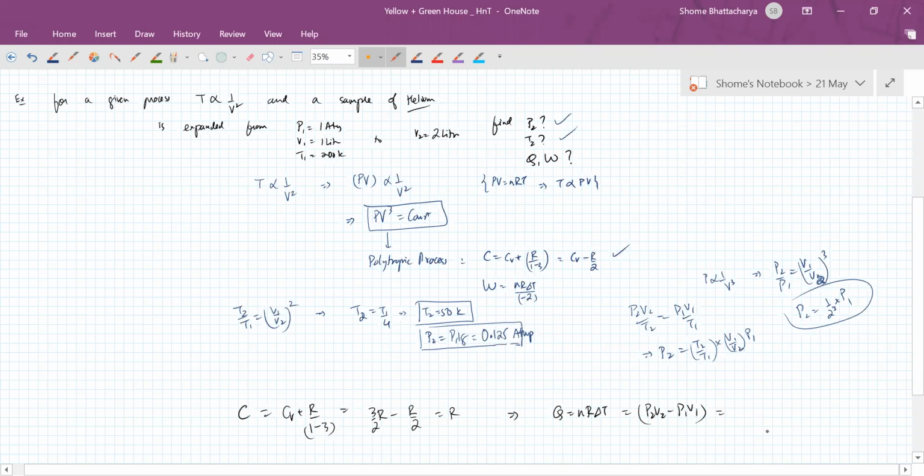So we are actually withdrawing heat from the gas, I think. Okay. So 1 by 8 into 2 liters minus 1 into 1, into 101 typically to convert to joules, and take it approximately 100 also.